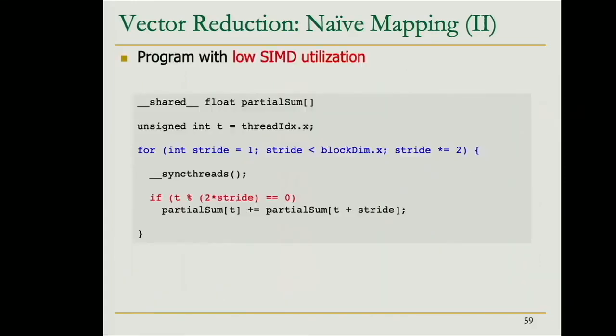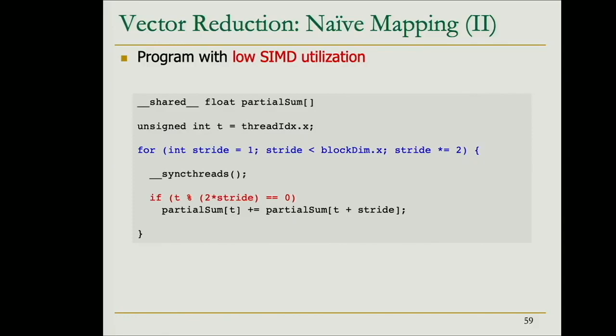That's what I have in this code: I start increasing the stride from 1 until block dimension. Don't really worry about the end of the for loop limit for this example. The point is that the stride is being doubled in every iteration, so if you are the thread that you have to be, then you perform this partial reduction.